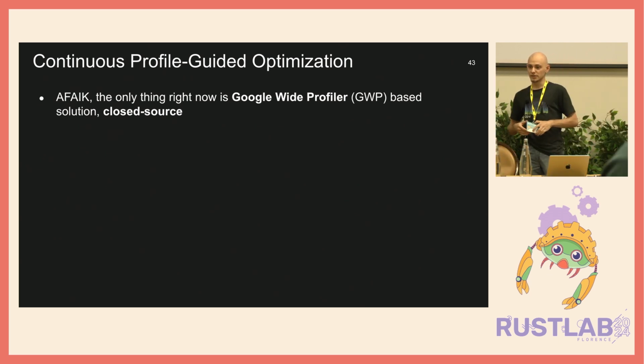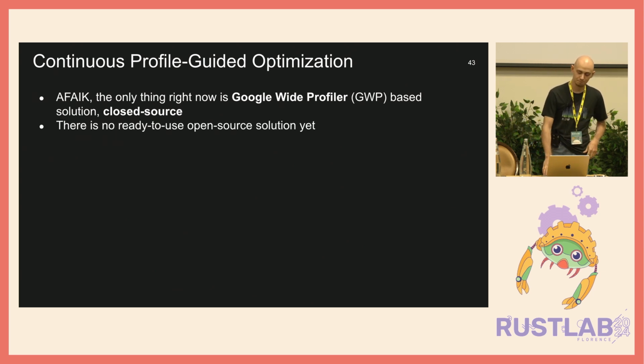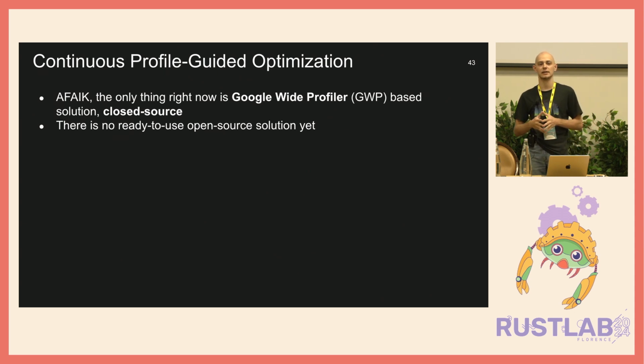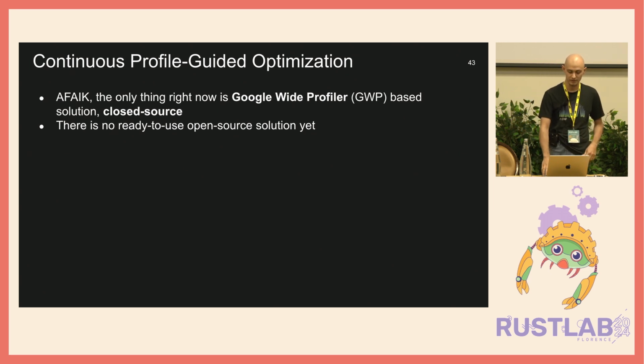Google uses such an approach: they implemented a platform based on Google-Wide Profiling, which is called GWP, and they continuously sample all the applications, transform the samples into a PGO profile, integrate them into CI systems, and use them in their builds. Unfortunately, there are no open source solutions yet.